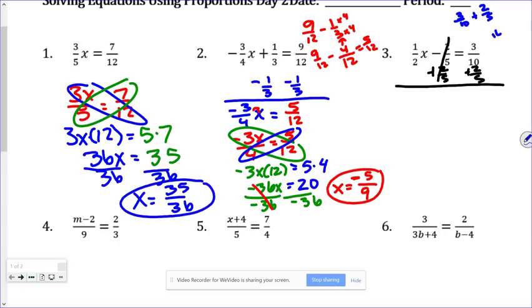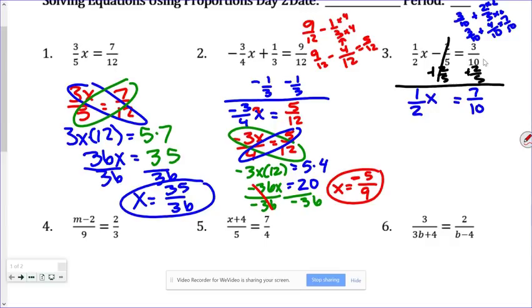So I'm going to change that denominator to a 10. So I had to times the top by 2. So 2/5 is the same as 4/10. So I have 3/10 plus 4/10. That gives me 7/10. So write that there, and I have 1/2 x.